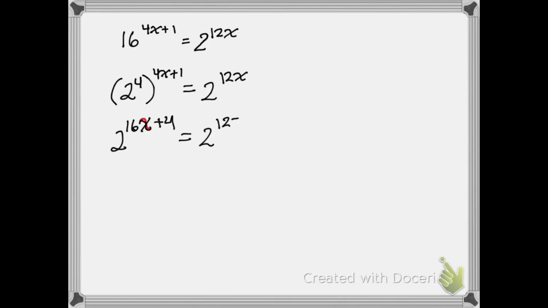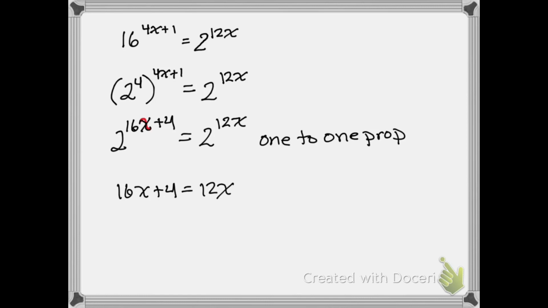And then by the, actually it's the one-to-one property, which says that if I've got these common bases here, then I can solve the equation by setting the exponents equal to each other. So I can solve for x here by setting 16x plus 4 equal to 12x. And that's a very simple equation solved there, and I'll leave that for the student.